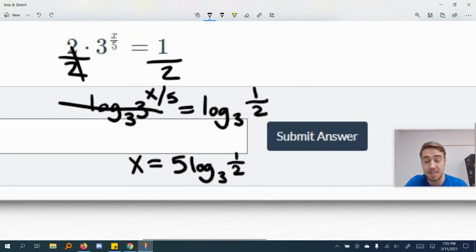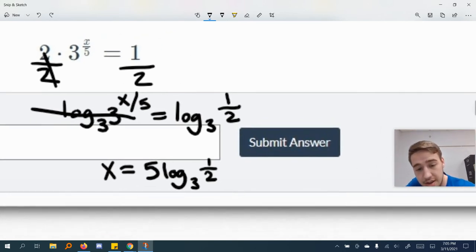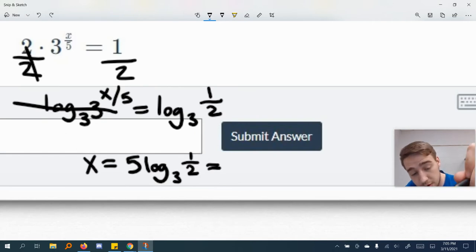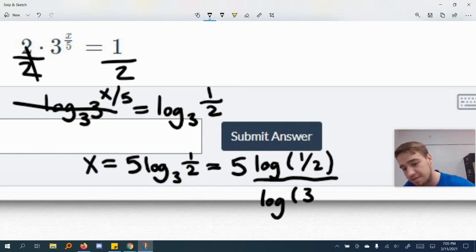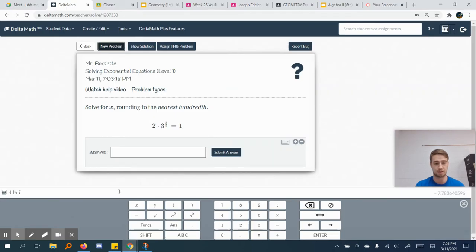So that's going to be the same thing as, because calculators don't always give us the option of putting a number down here, an equivalent statement would be 5 log with any base of 1/2 divided by log, so long as it has the same base, of 3. Now let's go ahead and plug that into a calculator. 5 log 1/2 over log 3.